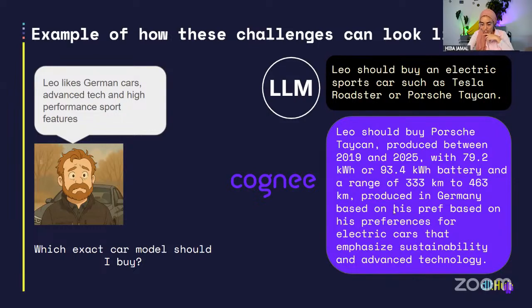The rest of it is just that this preference is based on his preferences for electric cars and emphasis on sustainability. But as you can see, it was much more precise than what a normal LLM would give you. So that is one example of how you could overcome those challenges.